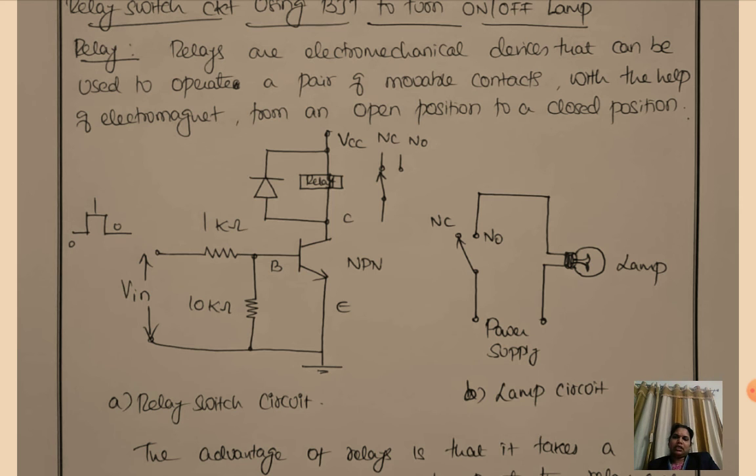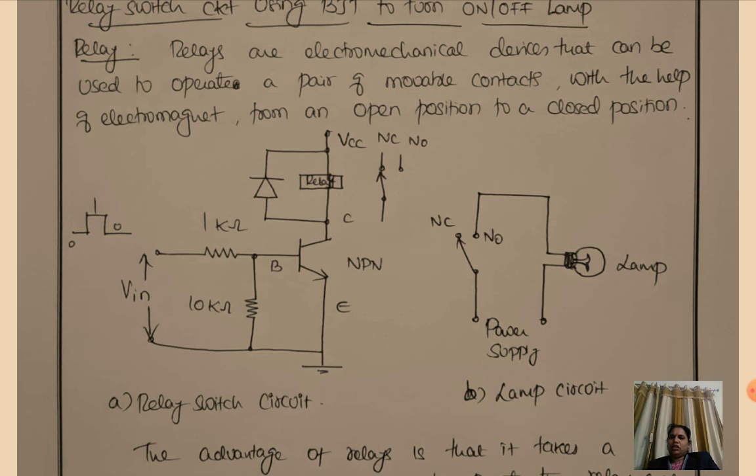So if the collector current is 0, the coil will be left unenergized. In that case, whatever position the coil is holding, it will remain in the same position. That is, if it is in the normally closed position, it will remain in the normally closed position itself. That is, the lamp will not be on.